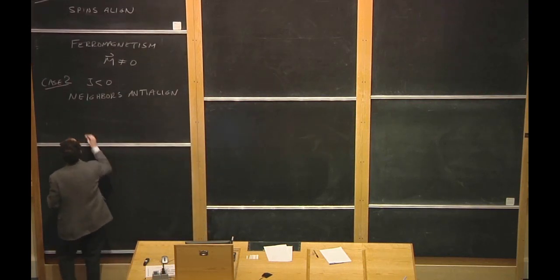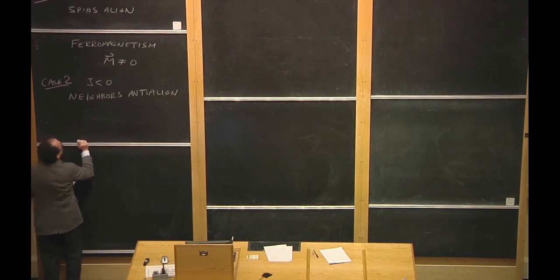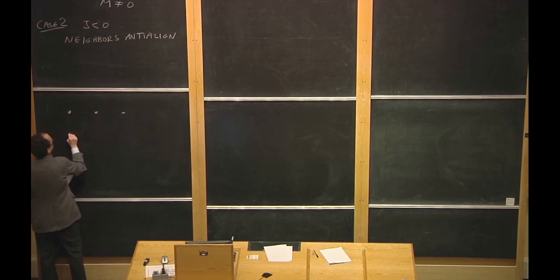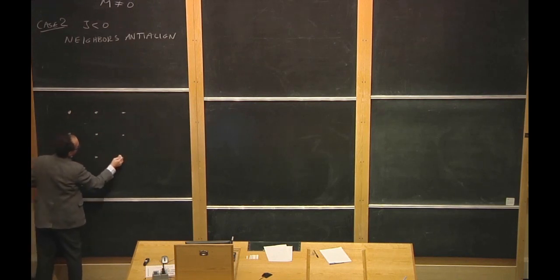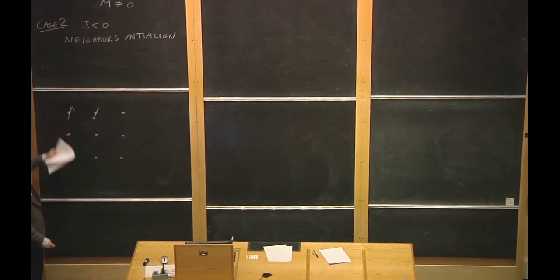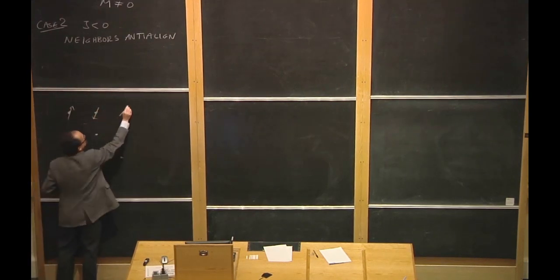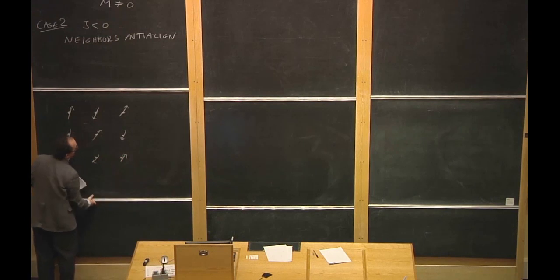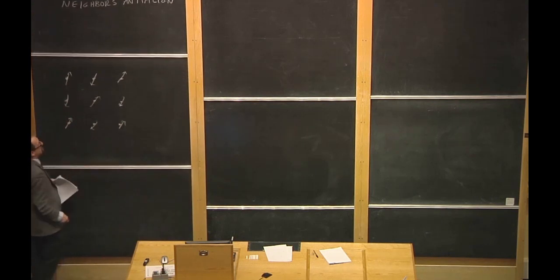So if we have a square lattice like this, each with a spin on it, if the first spin is pointing up, then the second spin will want to point down in order to make the energy as small as possible, and then the third spin will point up, this one will point down, this one will point up, this one will point down, and so forth and so on. And we'll get these alternating spin structures.